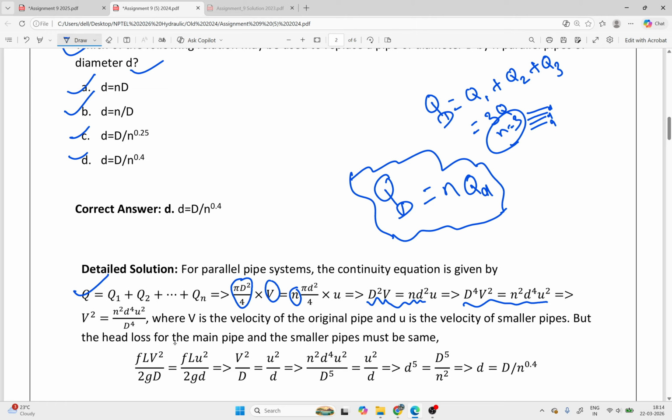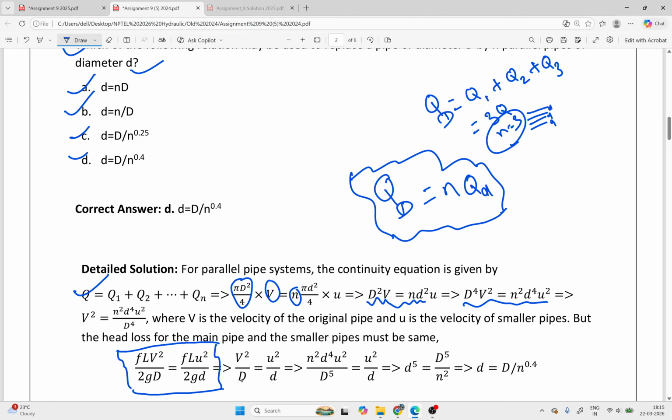Now here you know one thing, the head loss in your bigger pipe and your smaller pipe will be the same. Here V is the velocity of the original pipe and u is the velocity of the smaller pipe, but the head loss for the main pipe and the smaller pipe must be the same. So the relation is very easy.